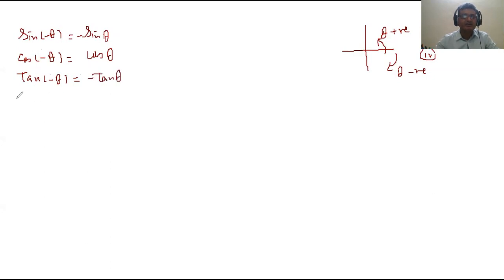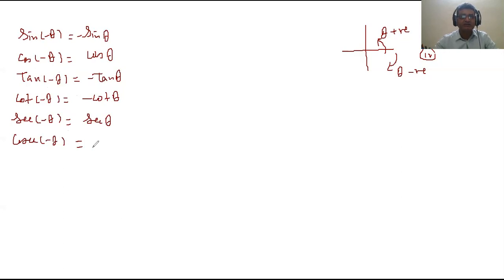Similarly, cot of minus theta is minus cot theta, and sec of minus theta is equal to sec theta, because in the fourth quadrant cos and sec are positive. Similarly, cosec of minus theta is minus cosec theta. So you have to remember this while solving problems of trigonometric ratios.